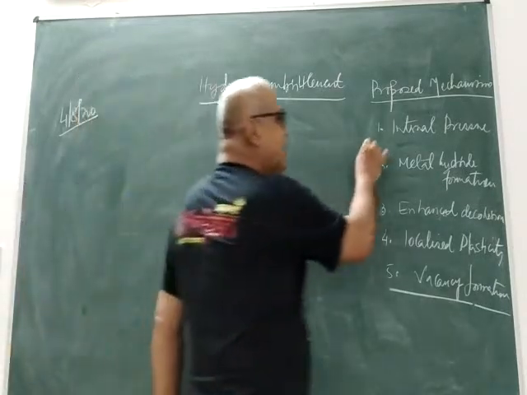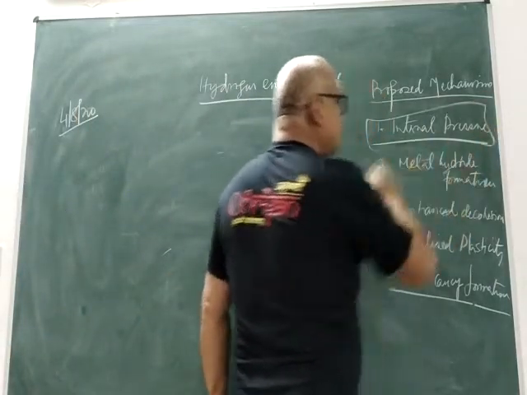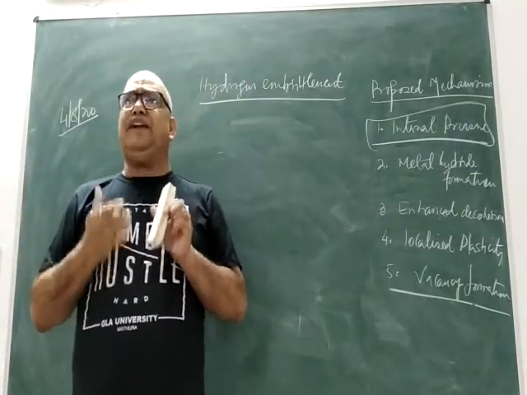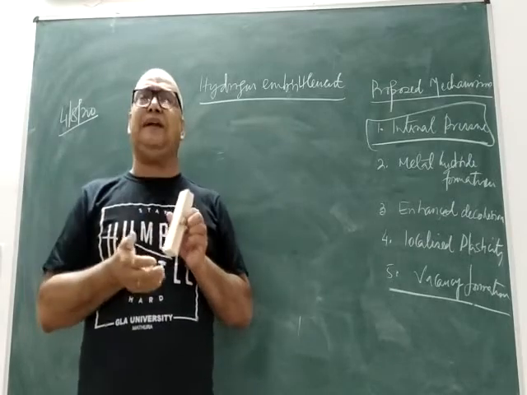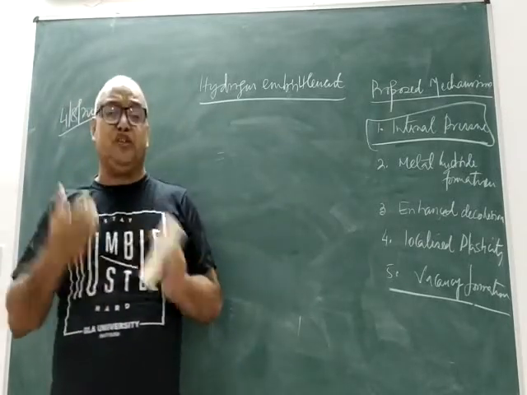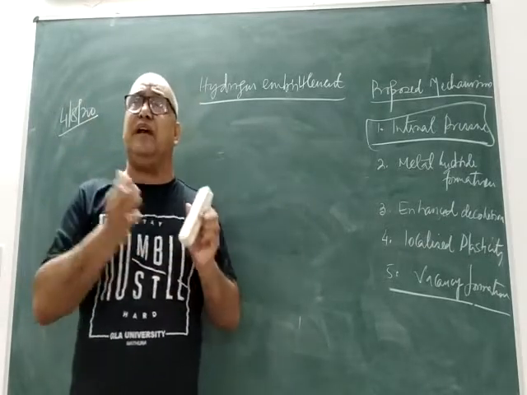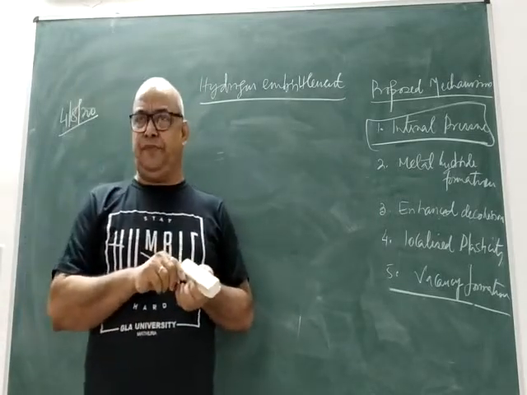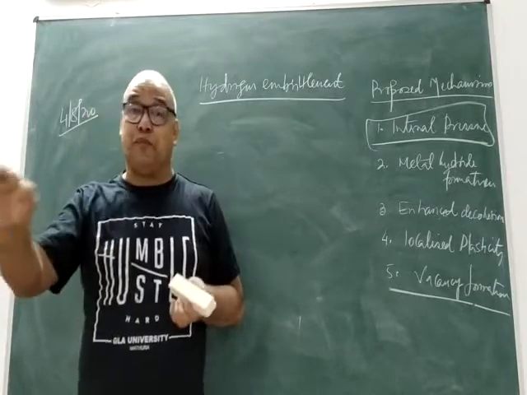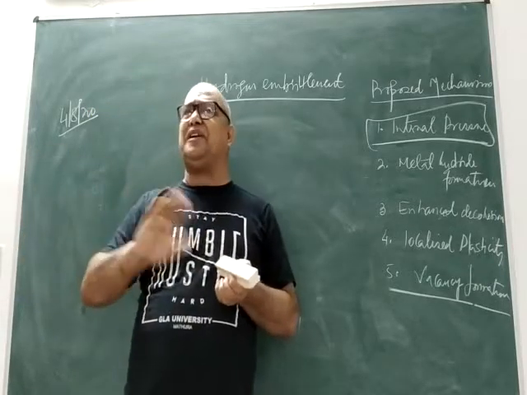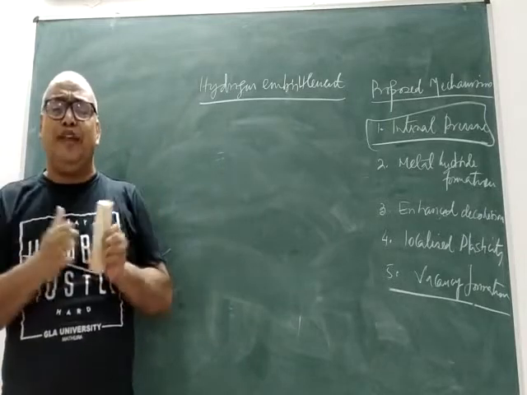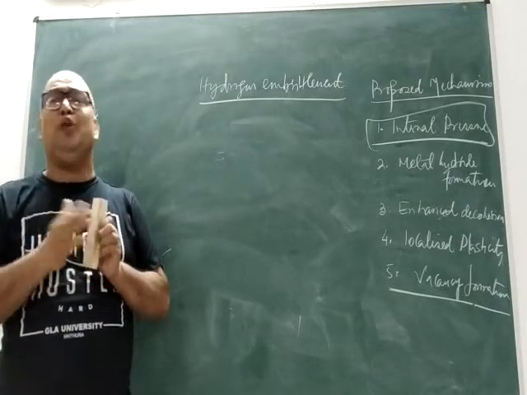Let us start with one, internal pressure. Suppose you have made a structure of a particular metal which is unfortunately exposed to hydrogen, due to which hydrogen may be adsorbed on the metallic surface. Now this hydrogen will combine together to produce molecular hydrogen.